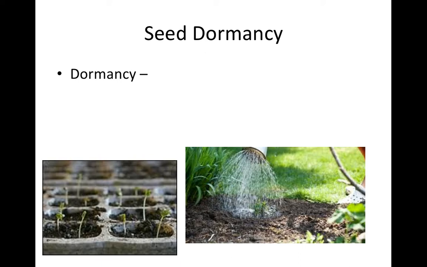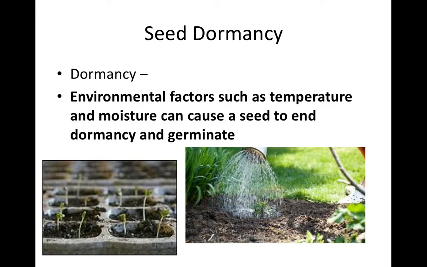Certain seeds are going to have longer dormancy than others, but for the most part, that's almost like a protective feature. Environmental factors like temperature or moisture are going to cause a seed to end dormancy.